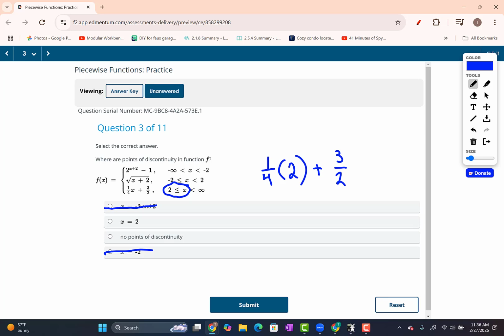Yes, we're going to get an answer. 1/4 times 2 plus 3/2 is going to be an answer. That's going to be, I think, 2. But it really doesn't matter what it's going to be. It's going to be a real answer. So x equals 2 is also not a point of discontinuity because this graph exists at x equals 2. So we cross this out. So that means this graph is continuous. It exists forever.